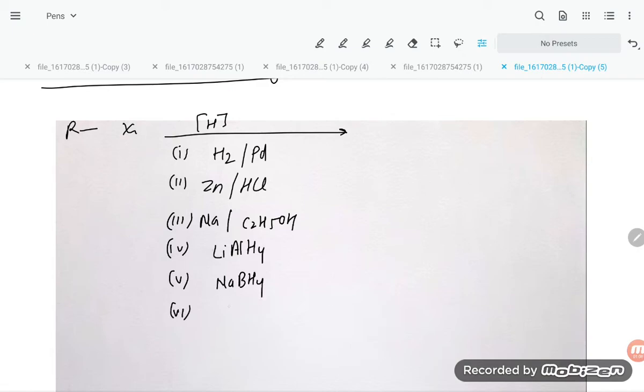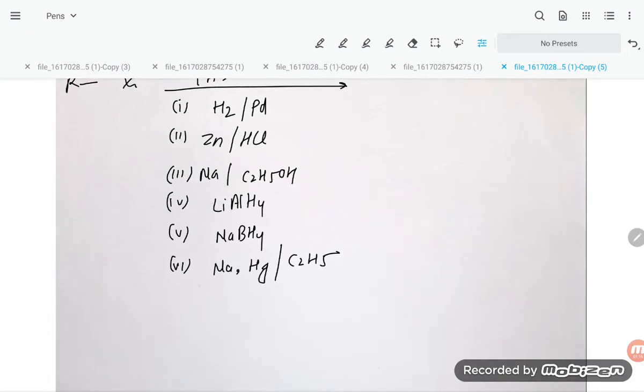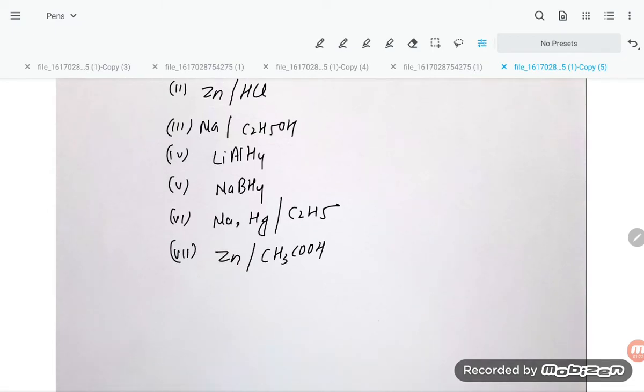Sixth point, NaHg in C2H5OH. Now the seventh point, zinc in acetic acid. And the last one, the eighth point, red phosphorus plus HI.